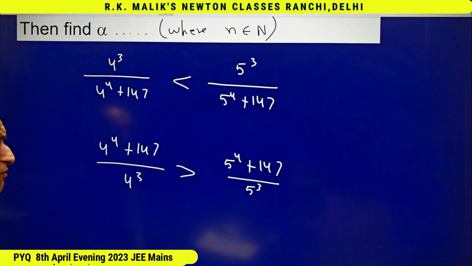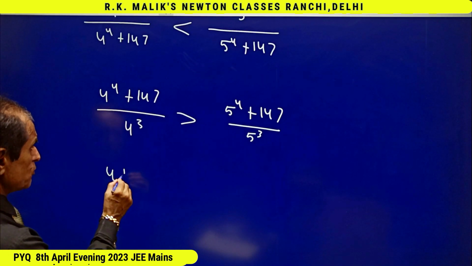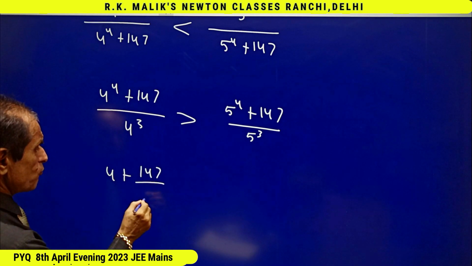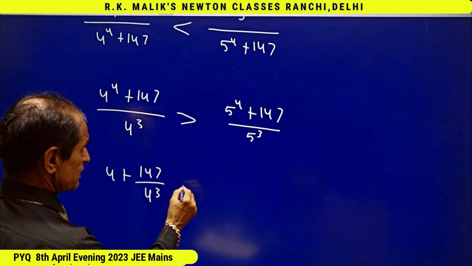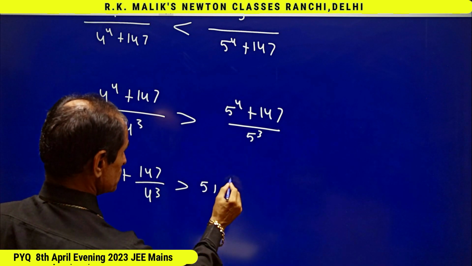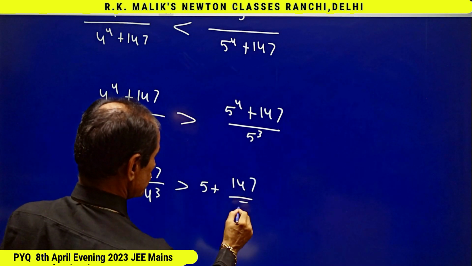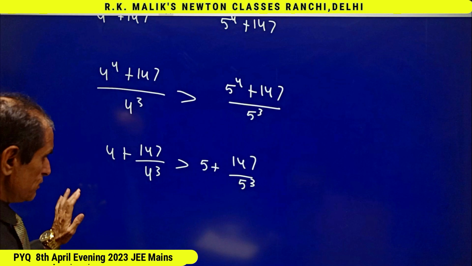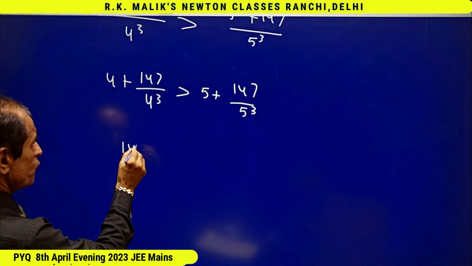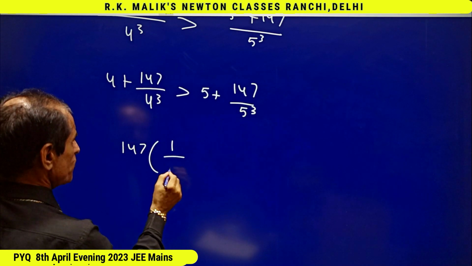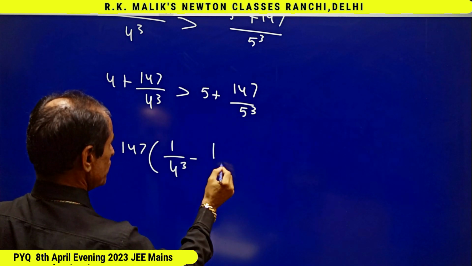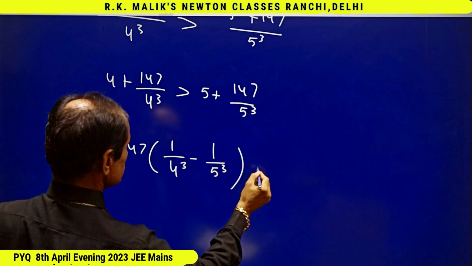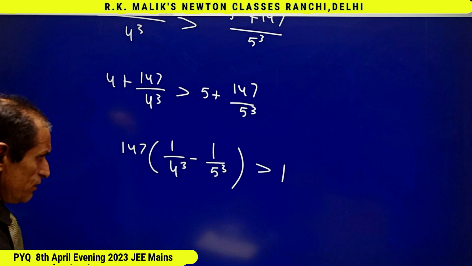We know that by taking inverse sign of inequality changes, that is 4 plus 147 upon 4 cube is greater than 5 plus 147 upon 5 cube, and this means 147 into (1 upon 4 cube minus 1 by 5 cube) is greater than 1.